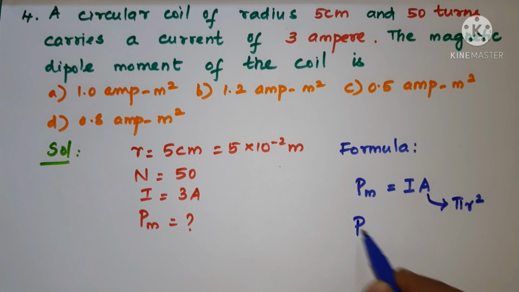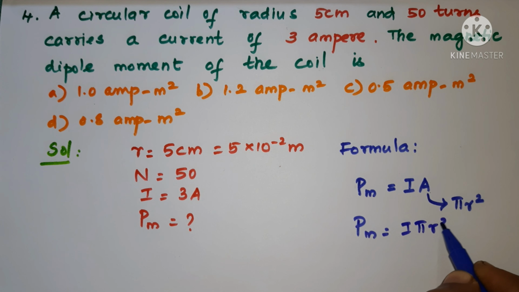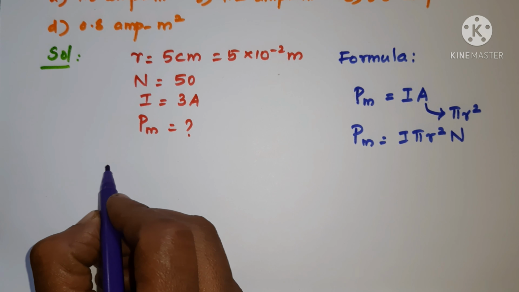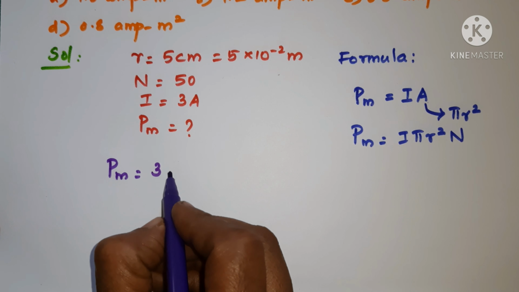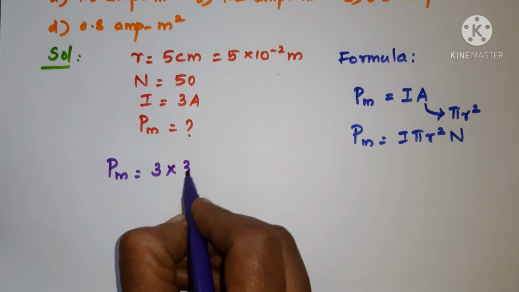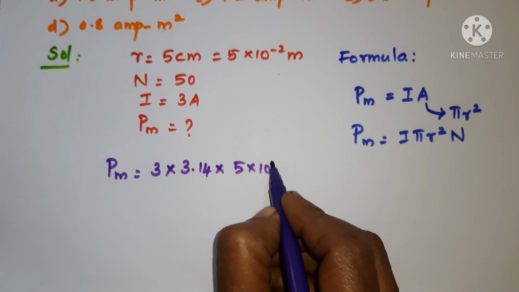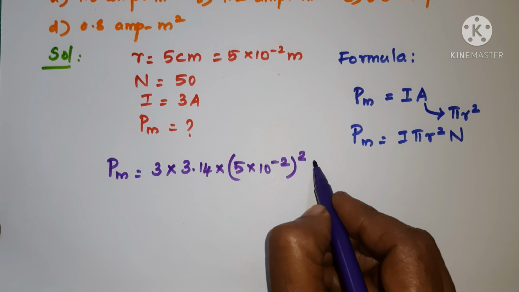So we have the magnetic moment PM is equal to I pi r square, and the number of turns is given, so we write N here. Therefore, the magnetic dipole moment PM is equal to I, which is 3 ampere, into pi 3.14 into radius 5 into 10 power of minus 2 the whole square, and number of turns is 50.